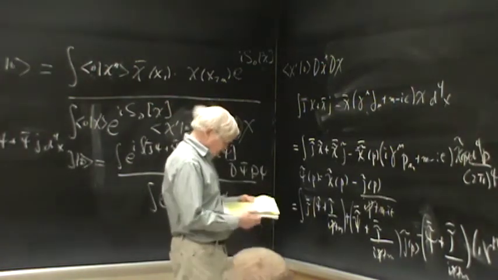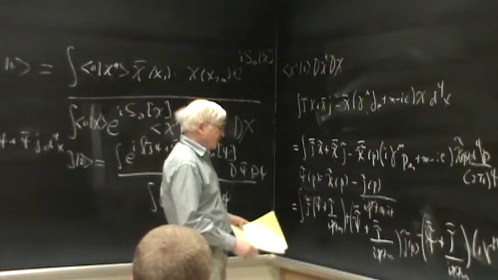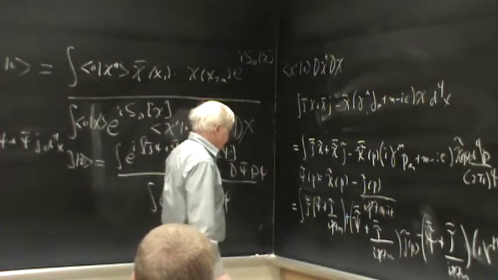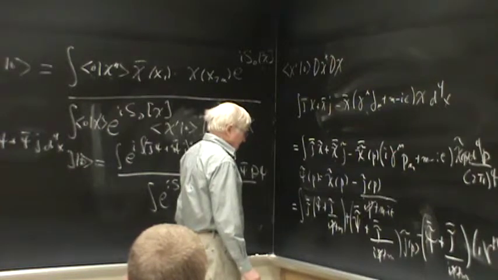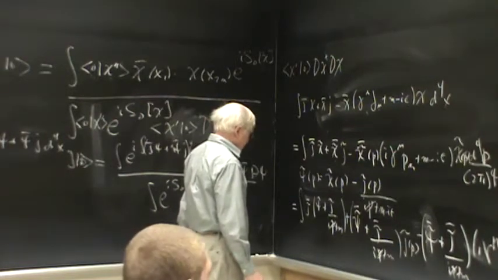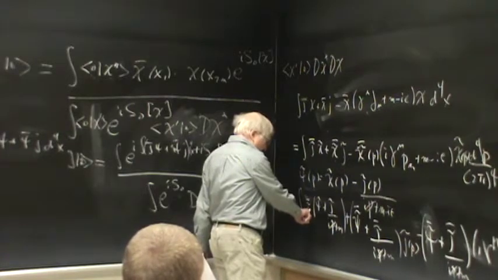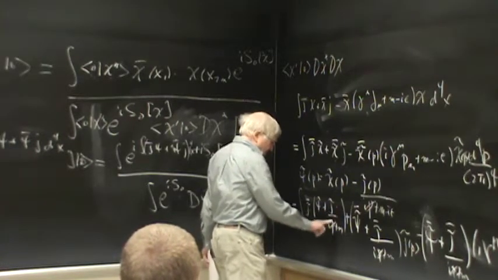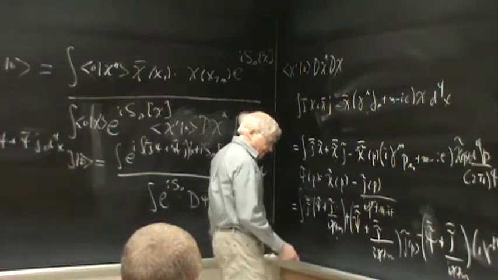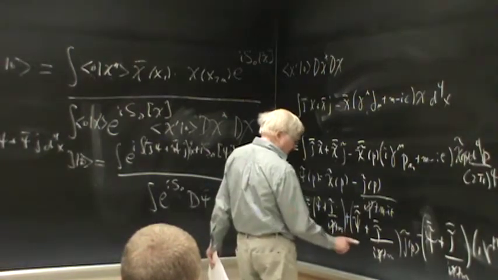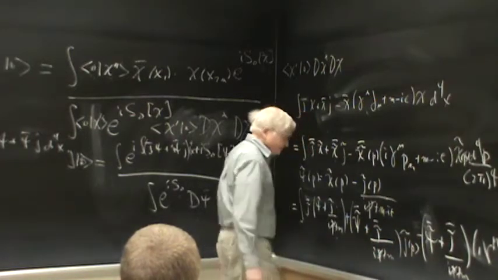All the linear terms cancel. And what we're left with then is a j tilde bar, j tilde over i p-slash coming in once, and then over here it's coming in twice.